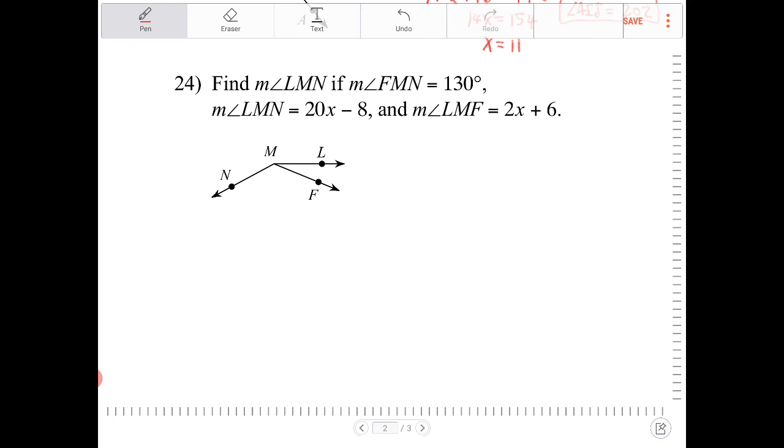And the last one. Okay, very similar. So I know that LMN is equal to FMN plus LMF.